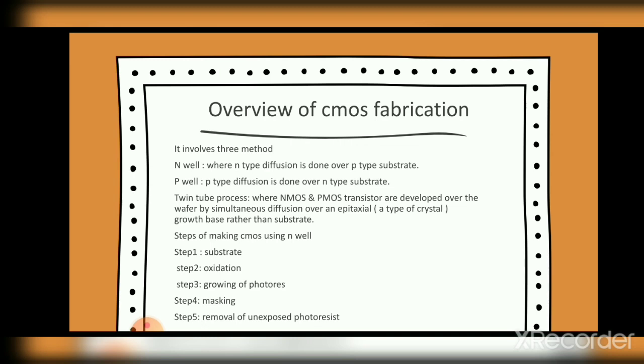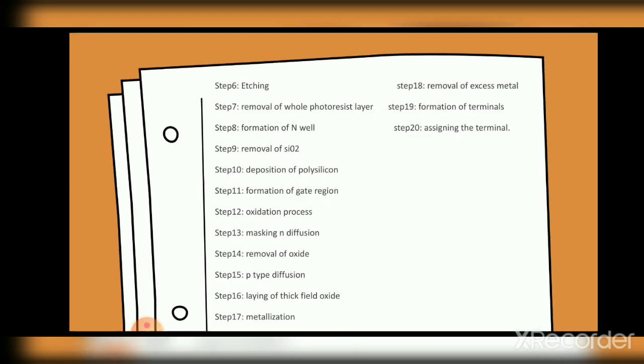So the steps of making CMOS using N-well include 20 steps. The first step is to get the substrate, second is the oxidation process, step 3 is growing of photoresist, and step 4 is the masking process. Step 5 is removal of unexposed photoresist, step 6 is the etching process, step 7 is removal of the whole photoresist layer, and the next step is formation of N-well.